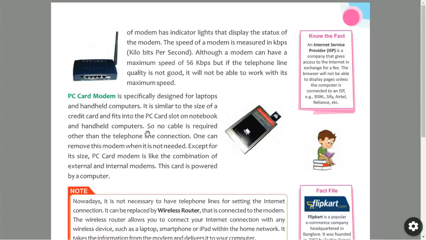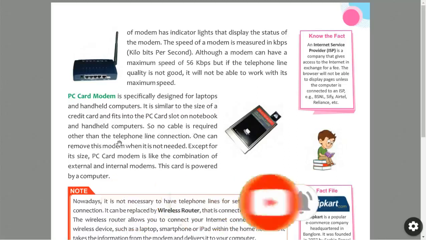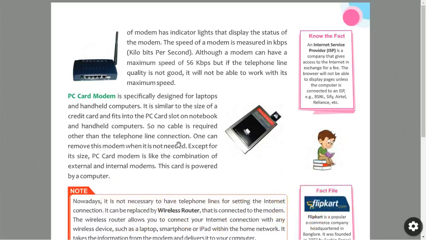Easily we can insert this PC card modem in a handheld computer or in a system which supports this PC card modem. So no cable is required other than the telephone line connection.